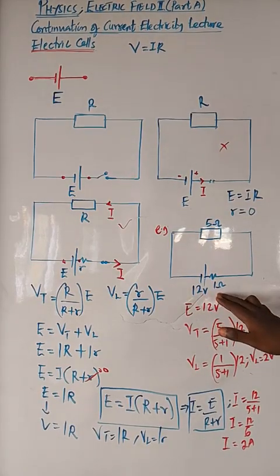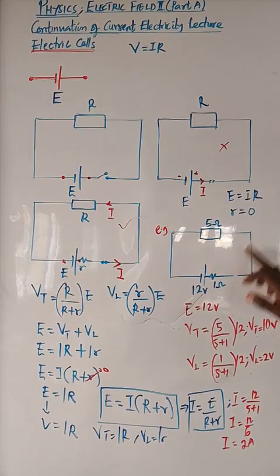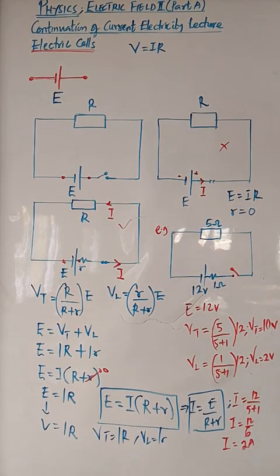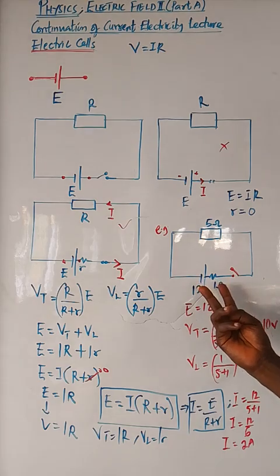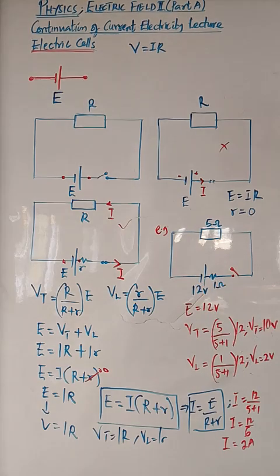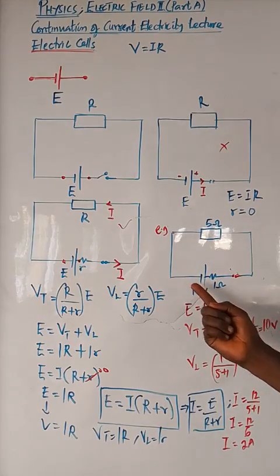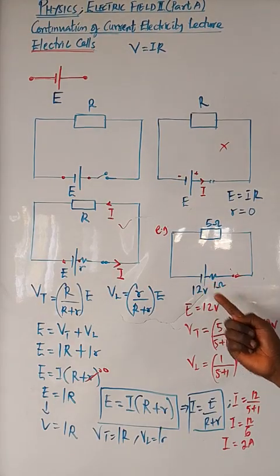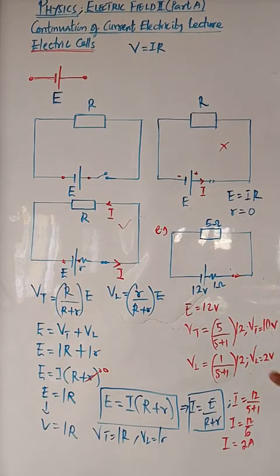Even at this, if it has internal resistance and you open the circuit, and you measure the voltage across it, you will still get 12. But once the circuit is closed, for this case, if you measure the PD across its ends, you get 10. 2 has been lost due to the internal resistance. So what is voltage?